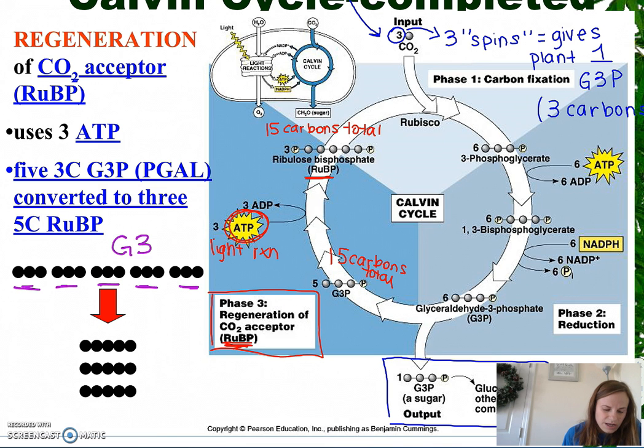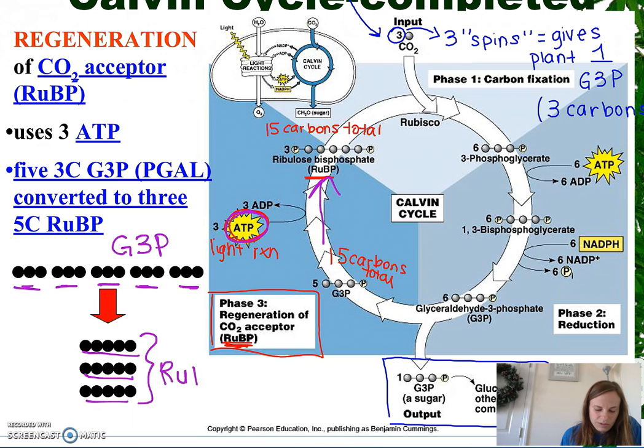Those are your G3Ps. Those 5 G3Ps, with the help of ATP from the light reaction, are going to be converted into 3 5-carbon sugars. What are those 3 5-carbon sugars? Well, that's your ribulose bisphosphate that's needed for this cycle to even occur.